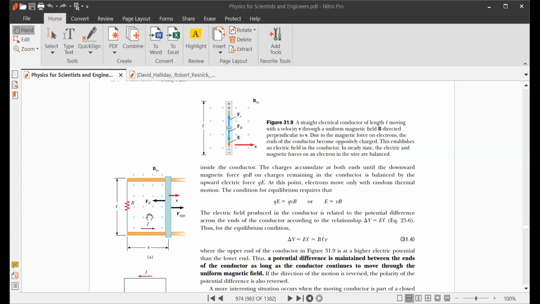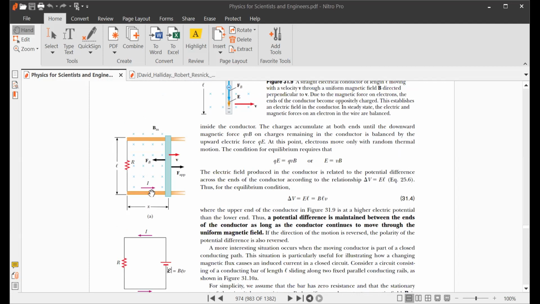This is coming out from this paper, okay. So if you use your right hand, you will get that, because inside this rectangular loop the induced magnetic field is moving out of the page, okay.